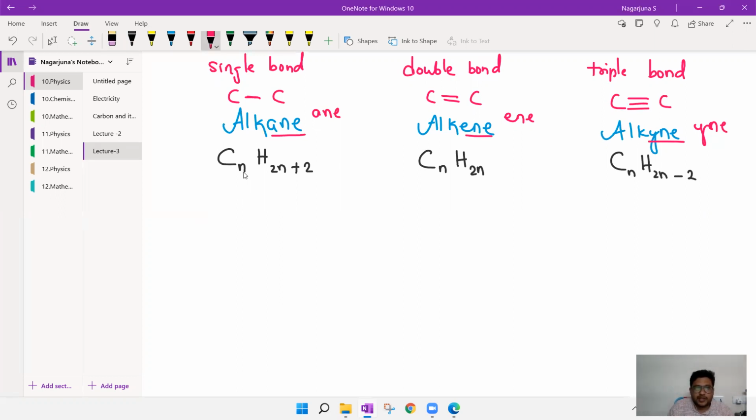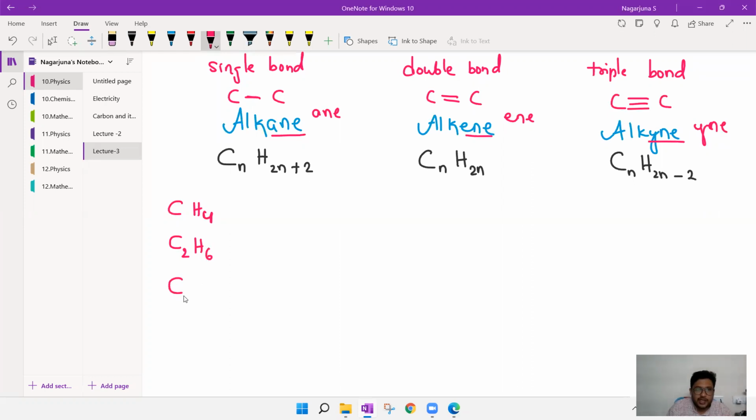In place of n, we can substitute 1. If we substitute 1, it becomes C1H, 2 into 1, 2, 2 plus 2, 4, C1H4. Of course, you can mention it as C1H4 or you can remove this 1 also, no worries with that. You can represent 1 or no need to represent 1. Now if you represent 2, it becomes C2H, 2 2s 4, 4 plus 2, 6.